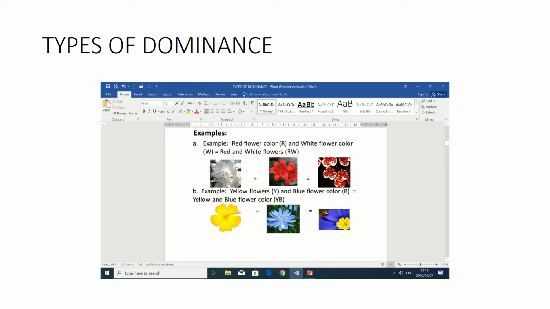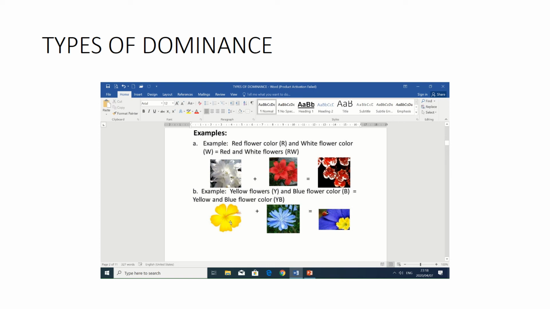You can see this flower has white patches as well as red patches, which means that the allele for white color is equally dominant with the allele for red flower. Hence, the phenotype of both parents is appearing in the phenotype of the offspring. We call this one codominance.